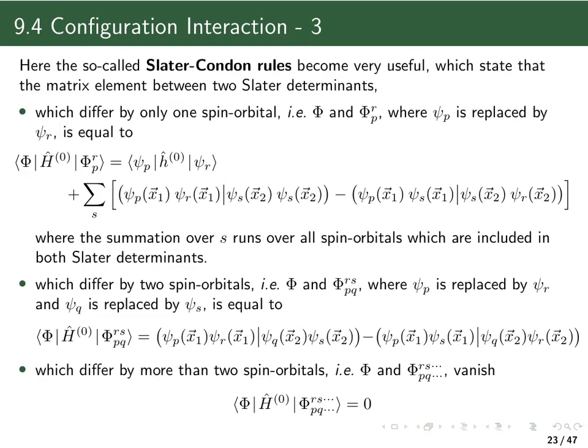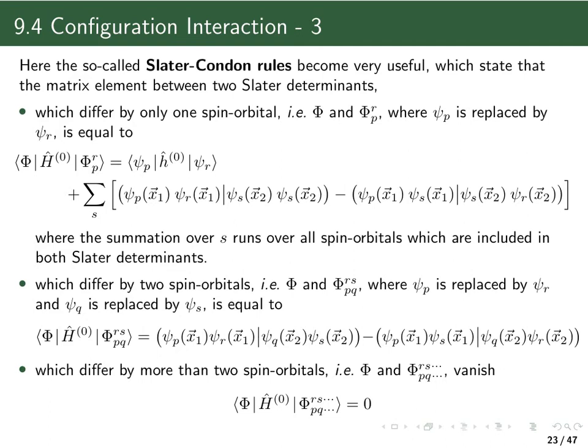Now, if the two Slater determinants are the same and we take the matrix element of the Hamiltonian, then we get an expression similar to the Hartree-Fock energy, just with the orbitals which were included in these two determinants. If they differ by one spin orbital, so in the ket here, we have replaced the spin orbital p, which was in the bra, by another spin orbital r. So there's a difference in one.